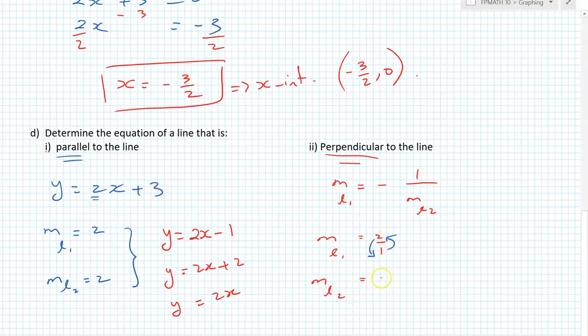The reciprocal of 2 over 1 is 1 over 2, and then you have to put a negative in front. Great. So y equals -1/2 x, and now you can change the y-intercept. You can just leave it alone, y-intercept 0, I don't have to put anything in there. Or you can come up with another one, -1/2 x plus 1, or however many you want to come up with. All right?